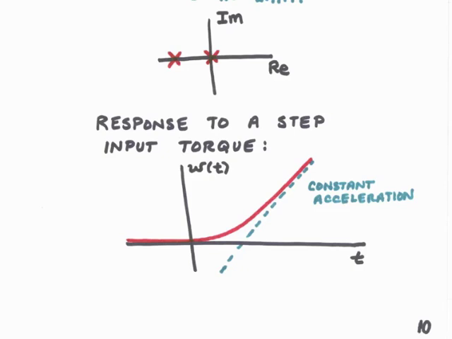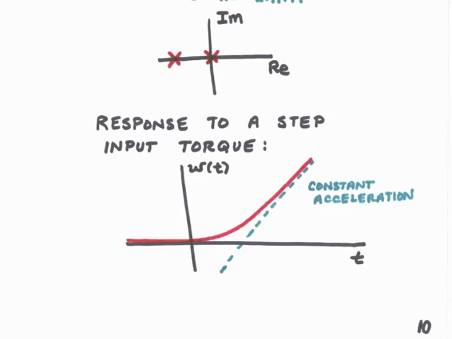We can multiply this by the transfer function to find omega 2 of s, and then we can inverse Laplace transform, and we'll find that it has the following shape curve. You'll see a transient, and then omega 2 will approach a ramp. That ramp indicates constant acceleration for disk 2.